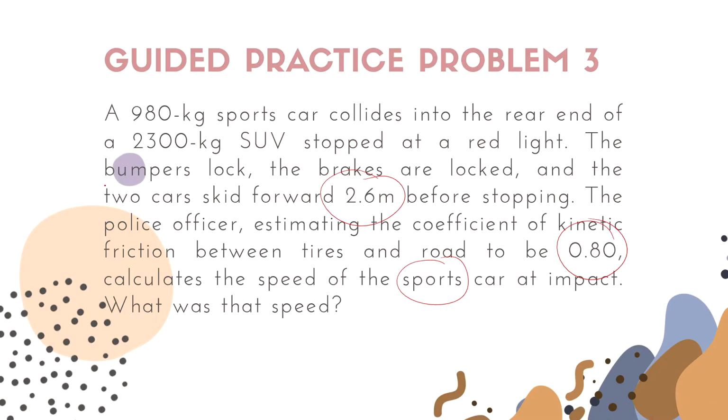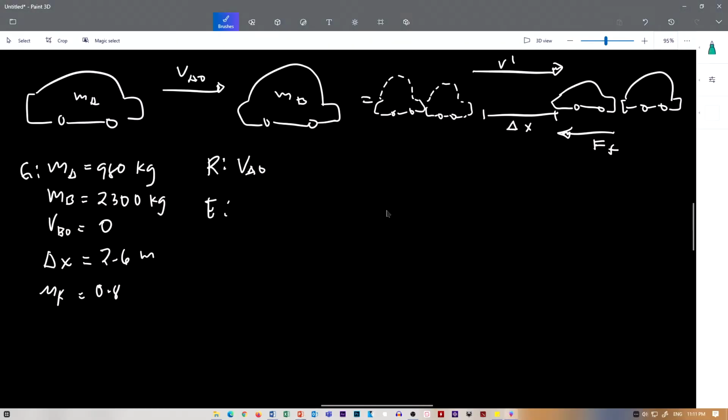According to the problem, both the bumpers and the brakes will be locked. So let's translate that into an equation: m sub a v sub a sub 0 plus m sub b v sub b sub 0 is equal to m sub a plus m sub b, having the same final velocity.